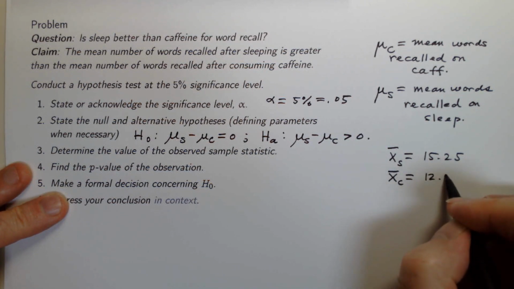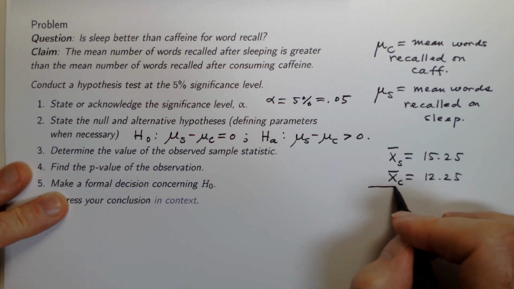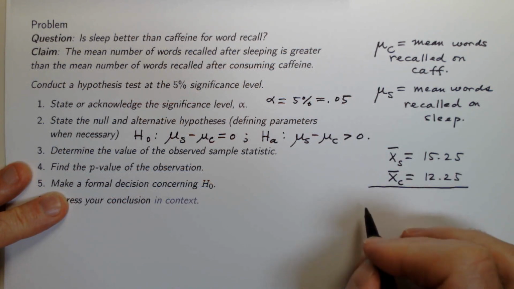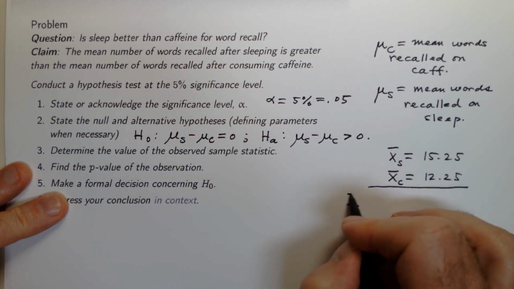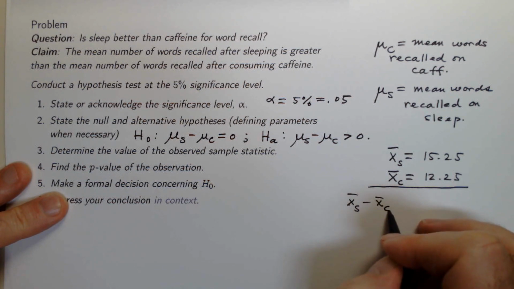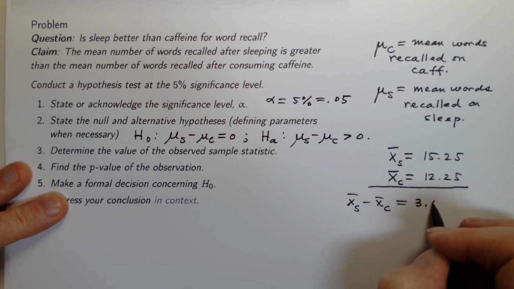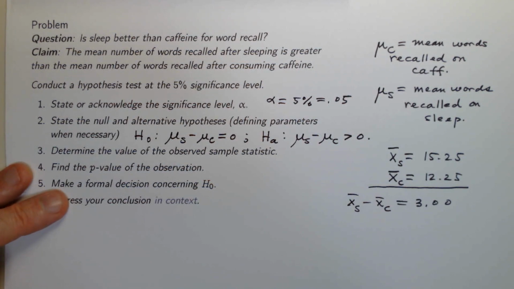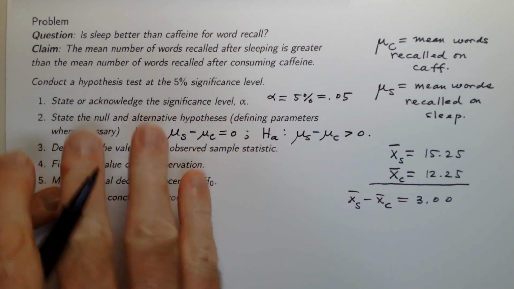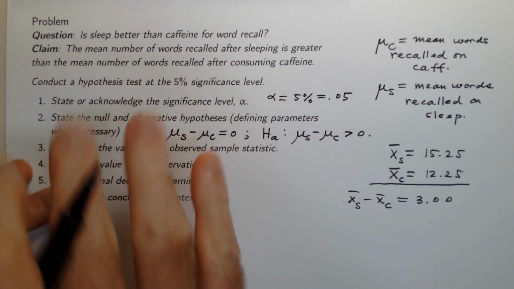It was 12.25. And so this gives us our sample statistic, right? This is the x bar sub s minus x bar sub c equaling 3.00.